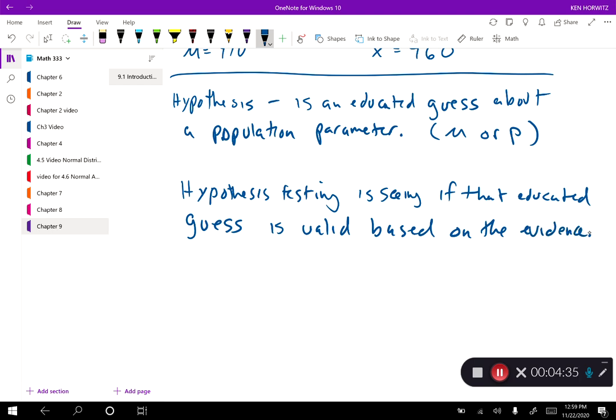That's very important. All the things we're talking about are all going to be based on the evidence that's given. All right, so that will be something that we will discuss more as we get into the examples.